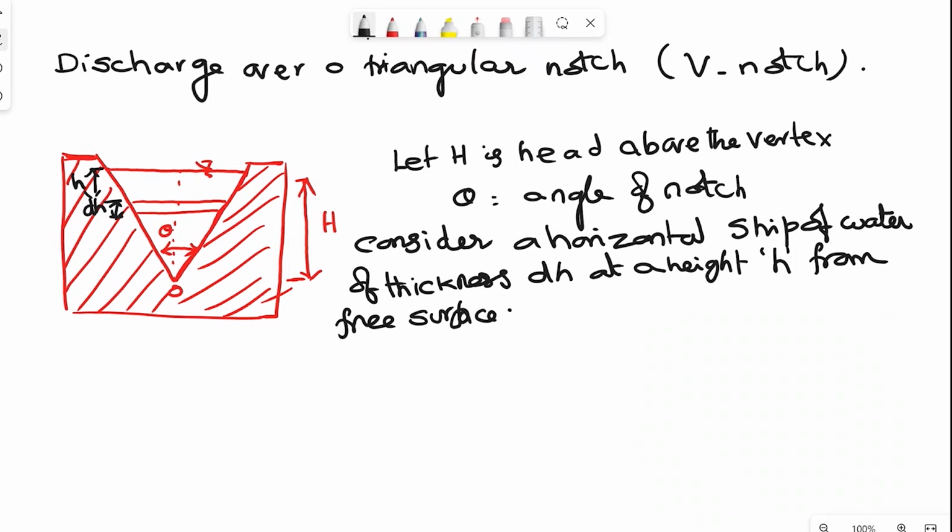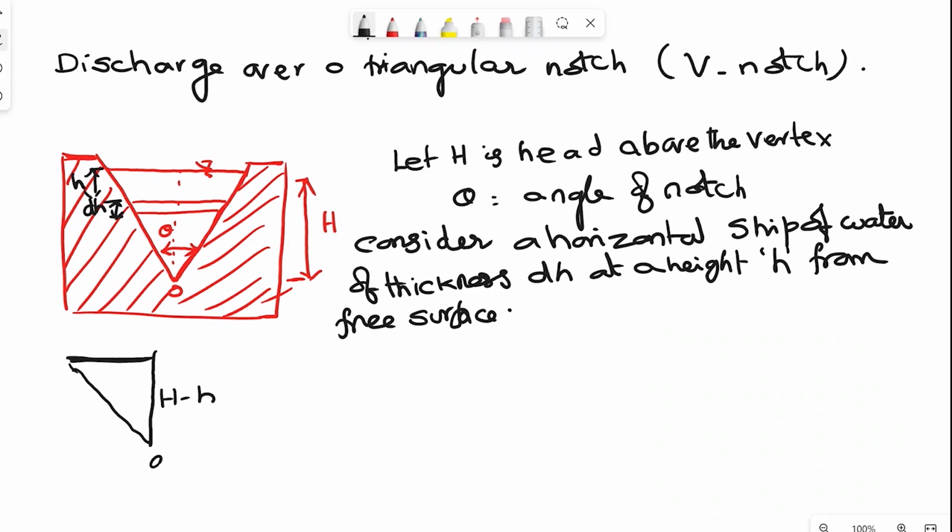Now if I take the triangle, this is vertical, suppose this is the V notch. If this is O, from the center this is H minus h, so this is the strip.